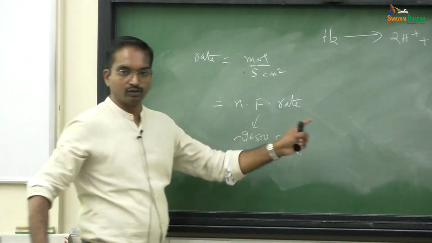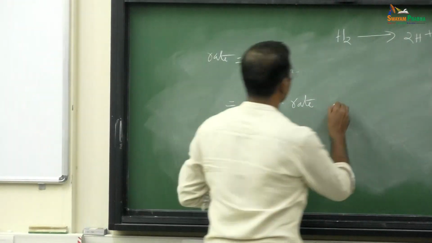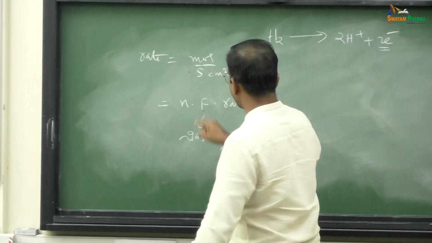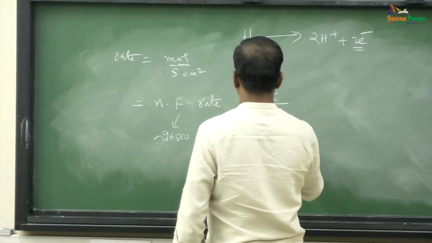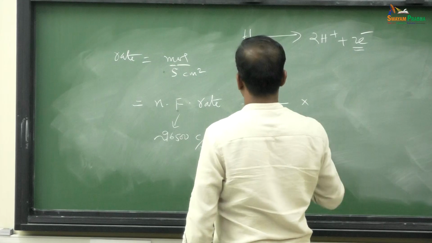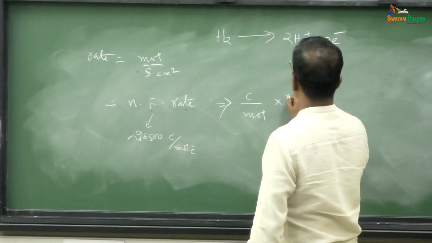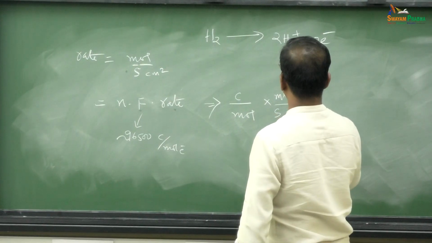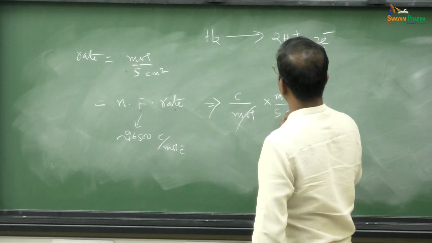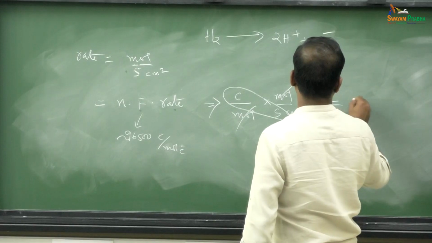Now, let us look at the unit of this. n is a number, forget about it. Faraday has a unit of coulombs per mole, multiplied by rate, which has a unit of mole per second per centimeter square. So, now the moles cancel. What is coulomb per second?